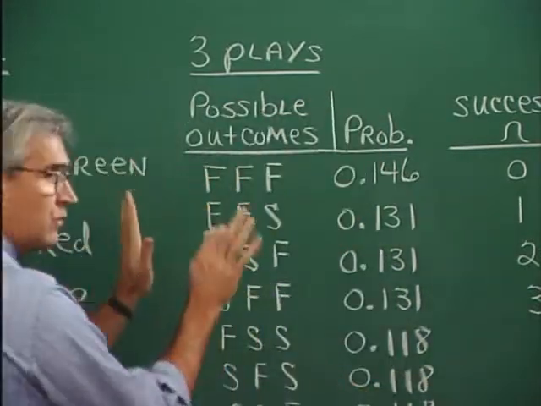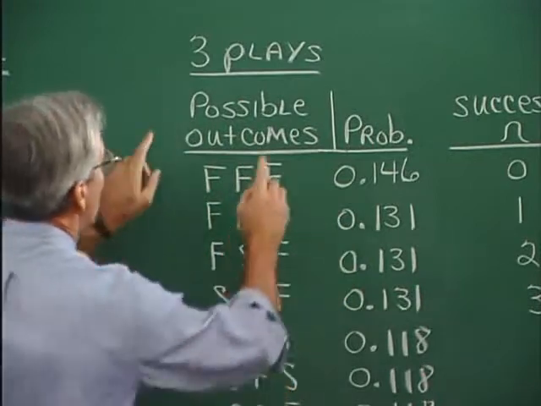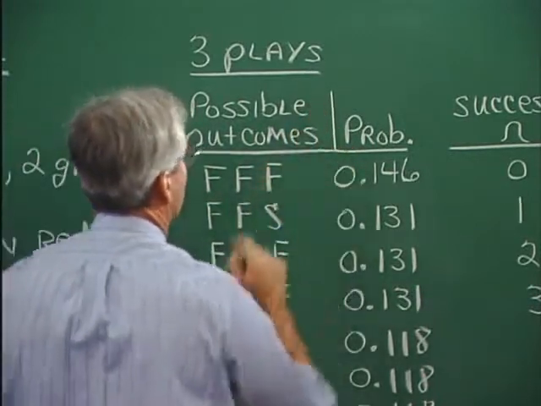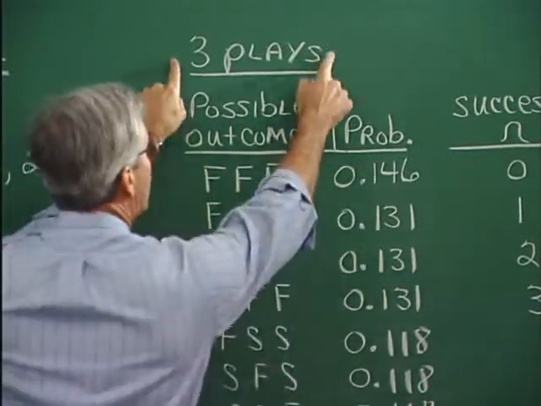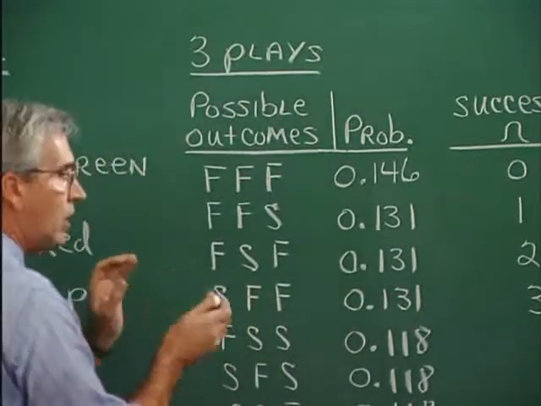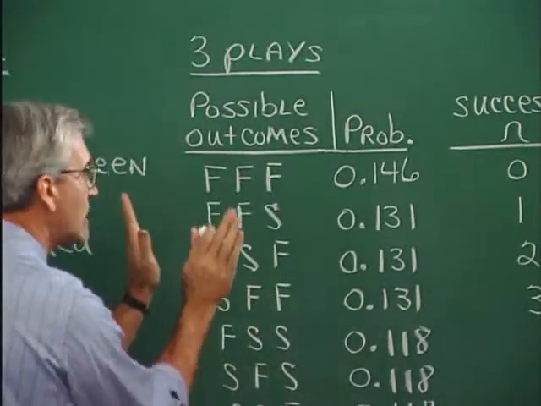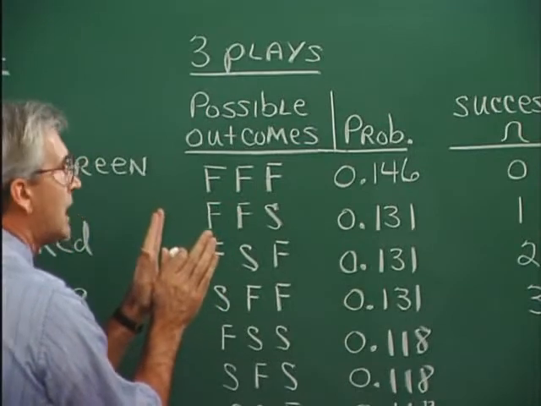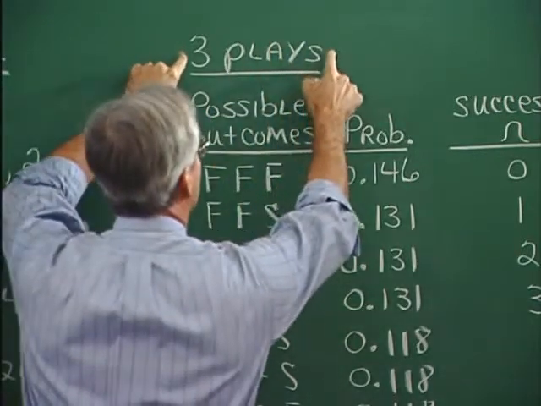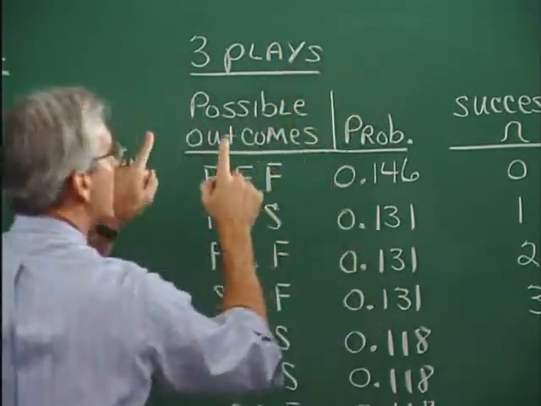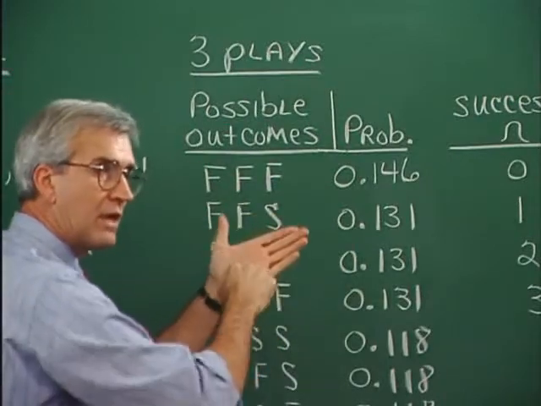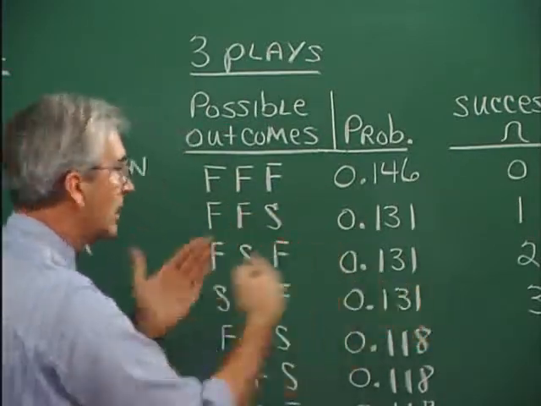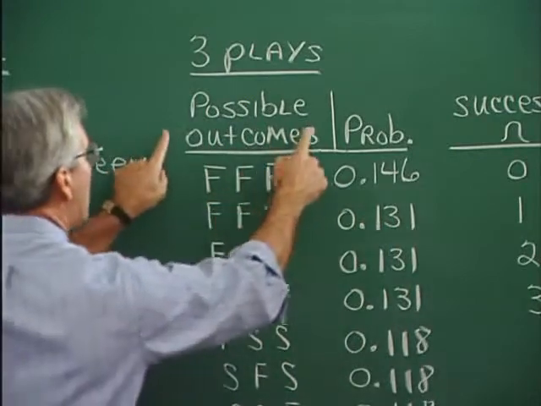Here's the way we start the idea. We have possible outcomes for three plays on this roulette wheel. These 3 plays would be the number of trials, so 3 is the n we were talking about earlier. Now what are the possible outcomes?